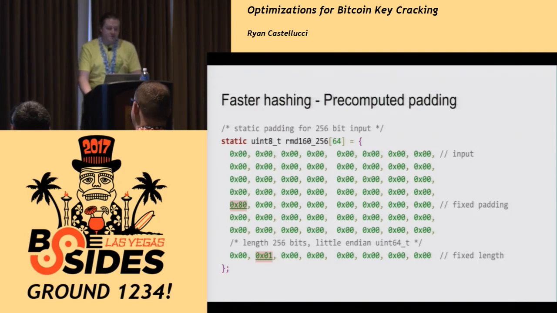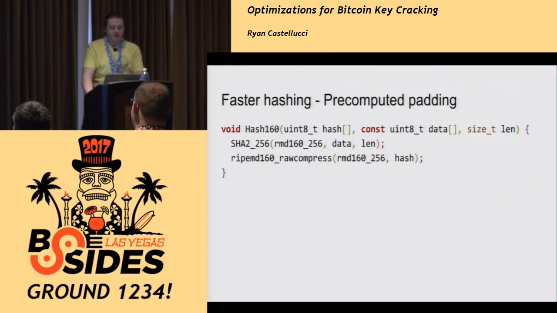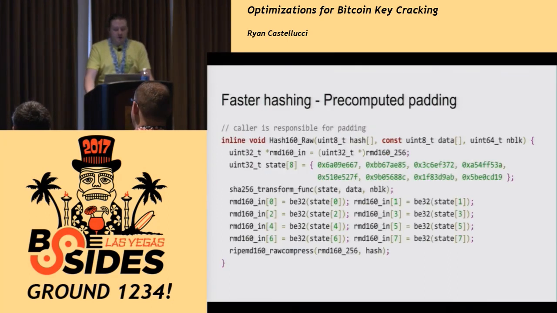Here's what one of those buffers looks like for RIPE-MD160, which is little endian, whereas SHA-256 is big endian, which is kind of annoying. And then here's what this looks like in use. And then here's one where it's doing hash 160 supporting an arbitrary length, but the caller has to take care of all of the padding.